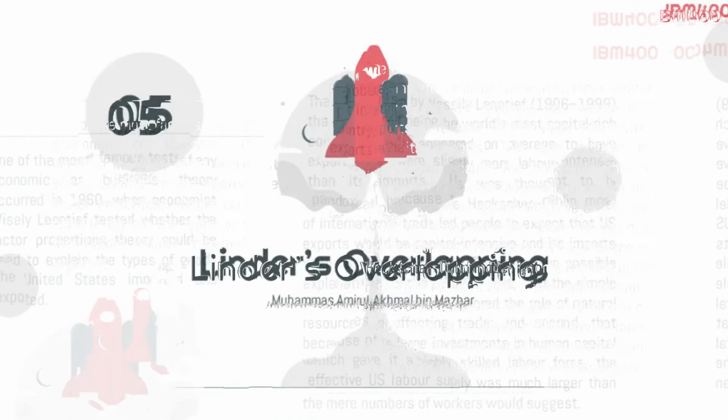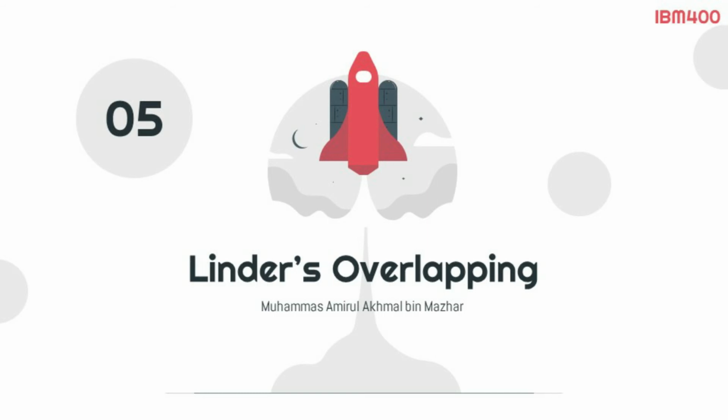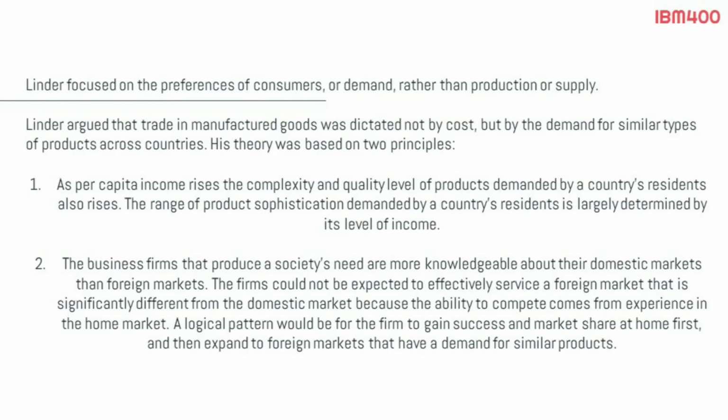So next we go to Linder's overlapping demand theory. Linder's overlapping is focused on the preference of consumers, or demand, rather than production or supply. Linder argued that trade in manufactured goods was dictated not by cost but by the demand for similar types of products across countries.